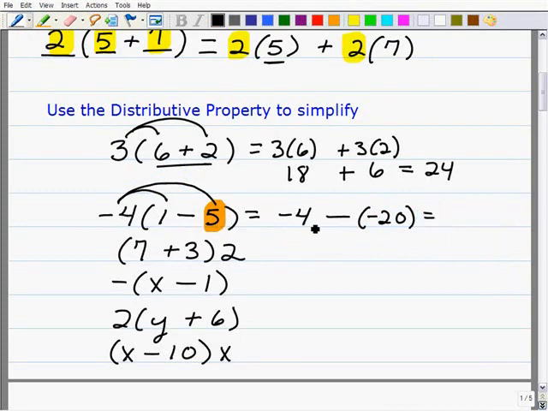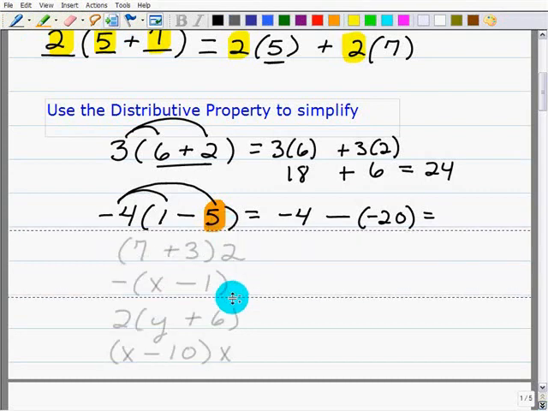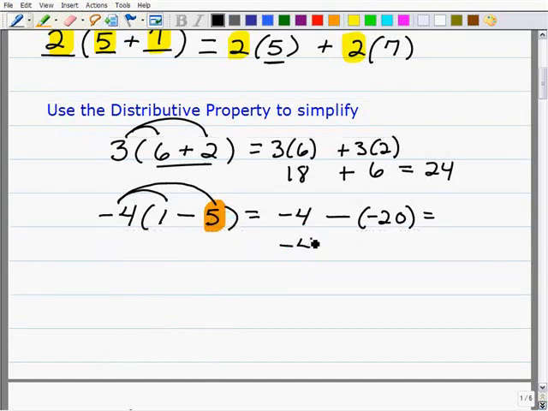So here, let's give ourselves some more room. This would be negative 4 plus a negative of a negative 20, which would be negative 4 plus 20. So you have to go through a couple different steps here to figure this negative stuff out.